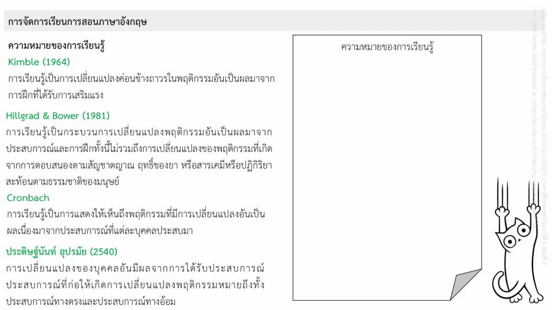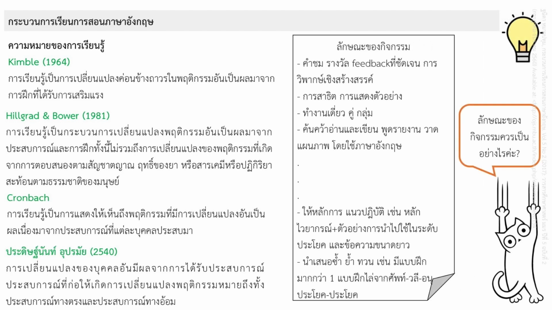So now let's move on to the possible answers. Let's take a look at the next slide. On this slide, you will see the possible answers that I provide. On the left side of the slide, there are definitions from the 4 educators. And on the right side of the slide are the possible answers.